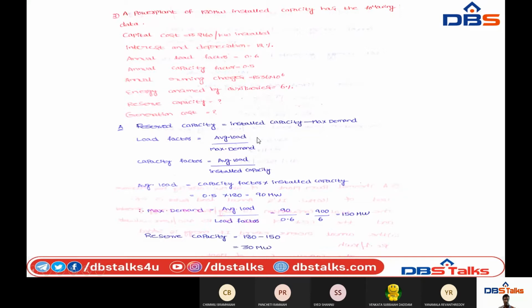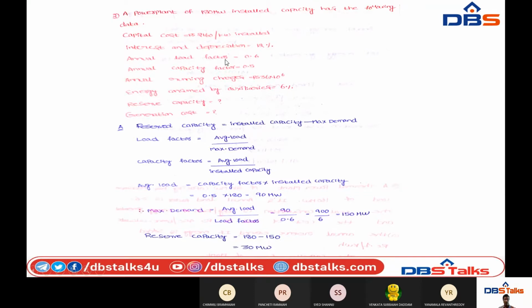The amount assigned per year as depreciation cost is used for replacement. That is, depreciation is nothing but replacement. Instead of the old equipment or machinery, we are purchasing new equipment or machinery for running the industries. That is depreciation cost.